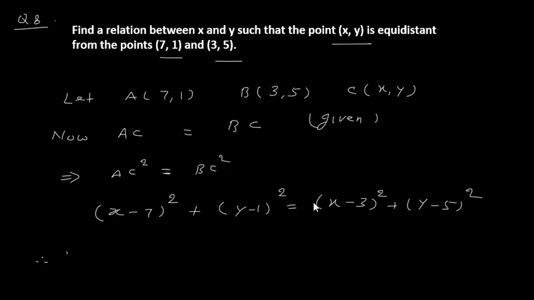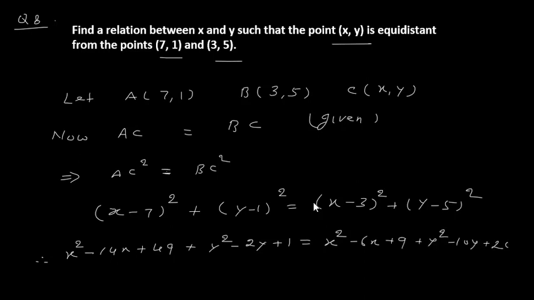So I have x square minus 14x plus 49, plus here I have y square minus 2y plus 1, equal to, on the right hand side, x square minus 6x plus 9 plus y square minus 10y plus 25.